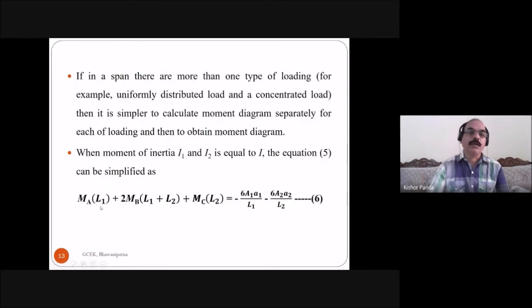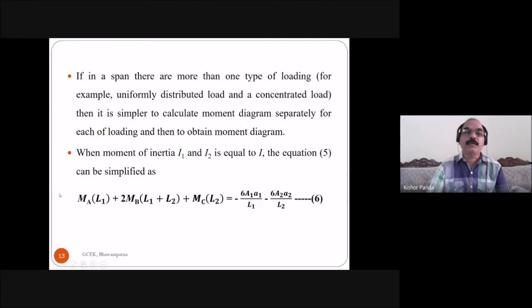This is the equation MA L1 plus 2MB (L1 plus L2) plus MC L2 is equal to minus 6A1 a1 by L1 minus 6A2 a2 by L2. This is the three-moment equation when the supports are at the same level. So this expression is for when the moment of inertia is the same and also the supports are at the same level.